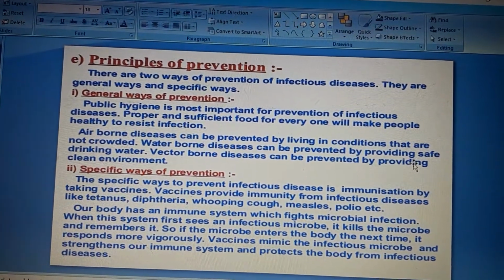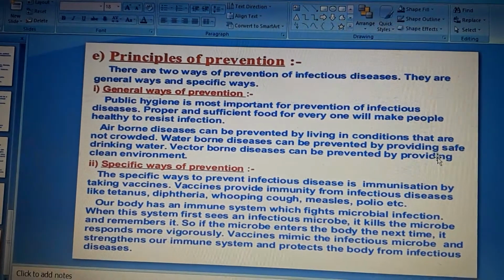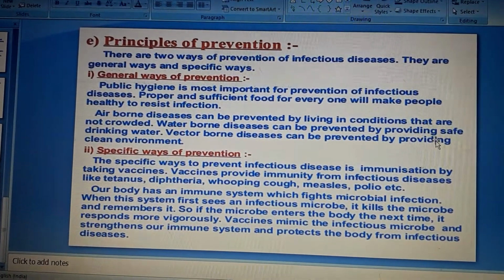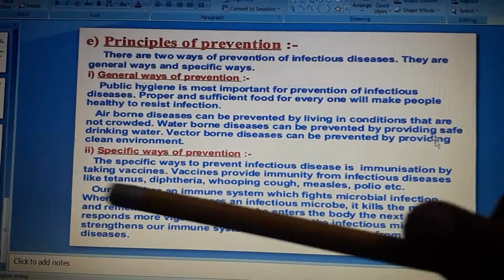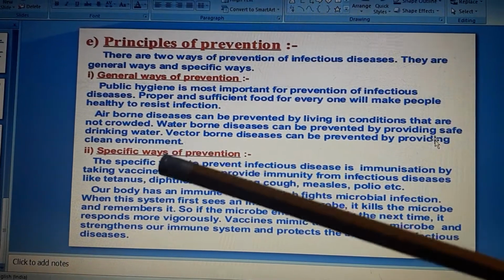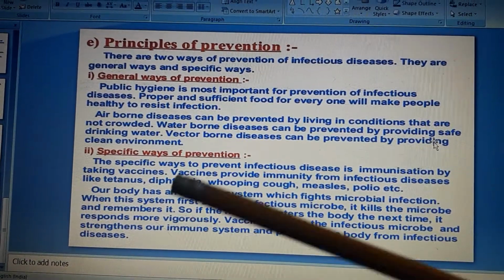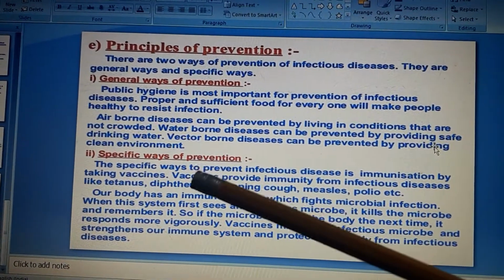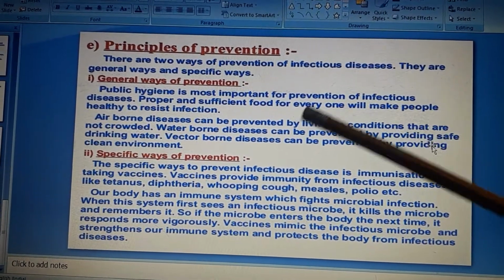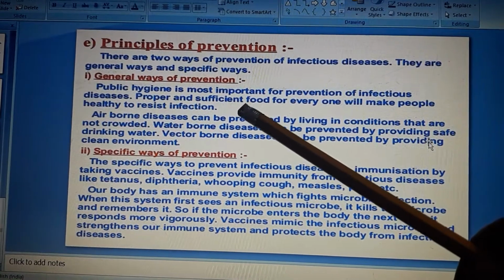Now the principles of prevention. We have two major ways of prevention: one is the general way of prevention and the other is the specific way. The general way of prevention includes public hygiene, which is the most important way of preventing infectious disease. Proper or sufficient food for everyone will make people healthy and resistant to infection.